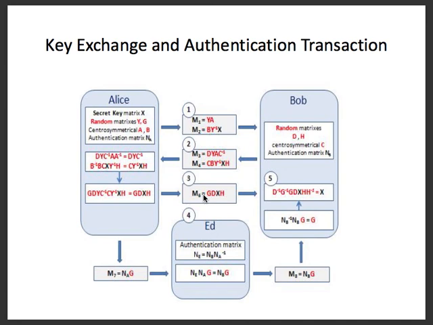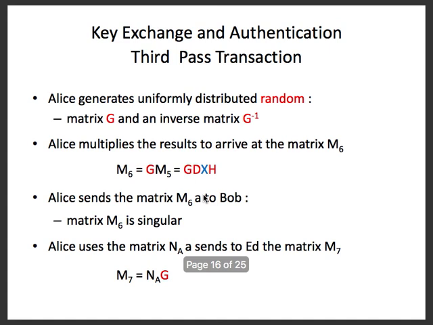So the difference between the first algorithm and the second one is only that we add an additional matrix G, which goes two ways. First directly to Bob, and second indirectly through Ed. Ed does only one thing. He multiplies with this matrix NE, which he keeps in memory. And the mechanism is similar, just a little bit longer.